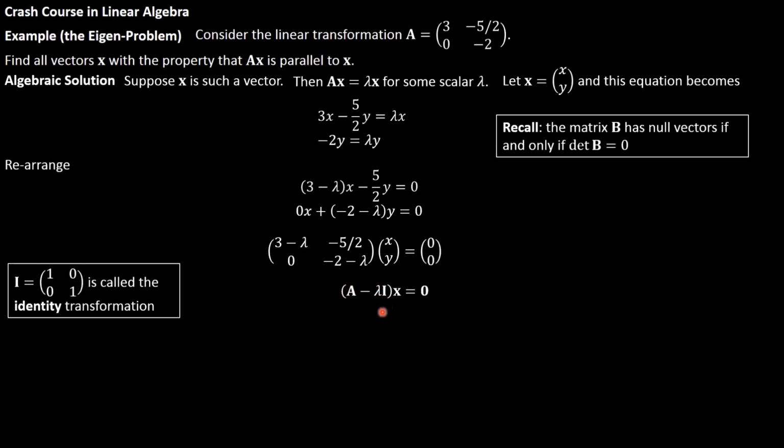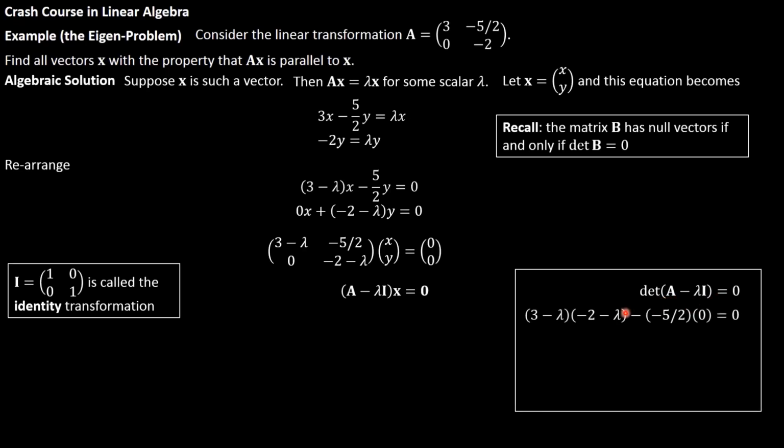So if we want the determinant of A minus lambda I to be 0, you can expand out the definition of the determinant, and you end up with this quadratic in lambda, which boils down to telling us that lambda is 3 or -2. So again, the eigen problem only has solutions if we pick lambda here to be 3 or -2, otherwise it simply won't be possible.